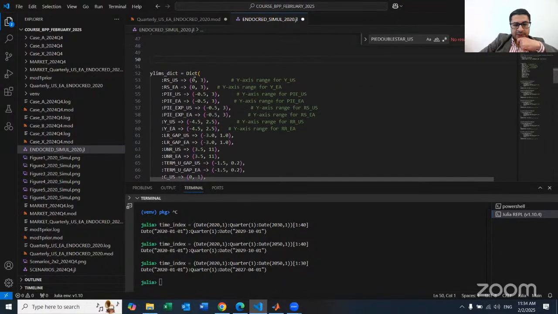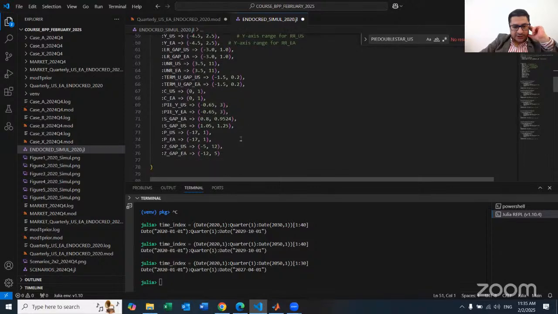So how I'm using this: when I'm running without these limits and get some graphs, then usually I'm thinking about some volatility and, to make it nicer to tell stories, I'm coming up with some limits which I want to see for these variables.